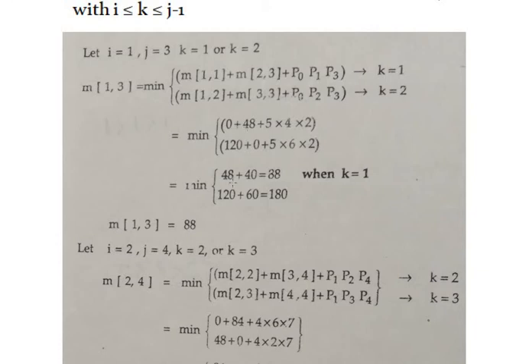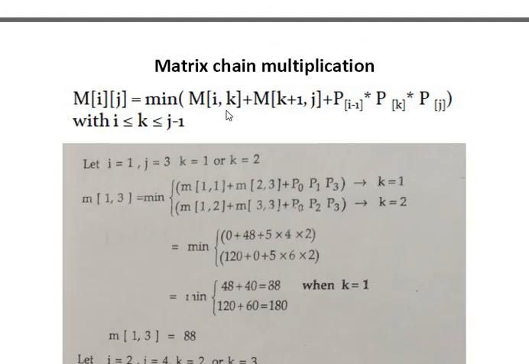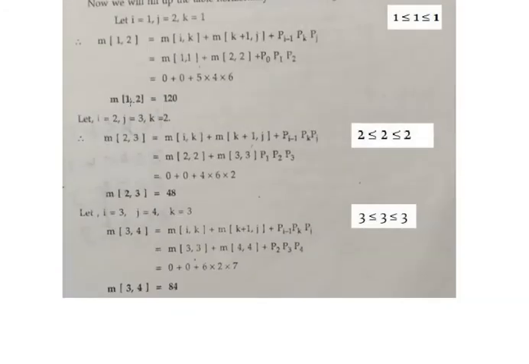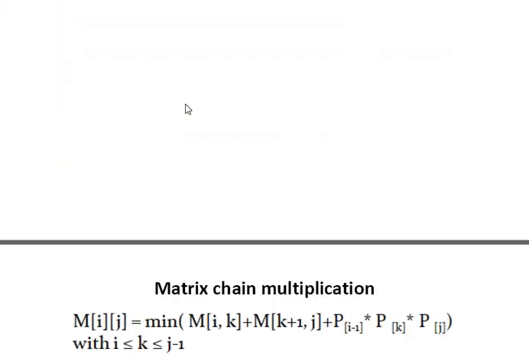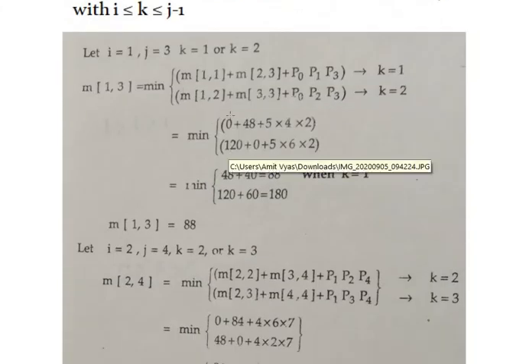Now this is 48 plus this product, which is 40, and here m of 1, 2, which is not 0. You have found m of 1, 2 is 120, so you put 120 plus m of 3, 3 which is 0.